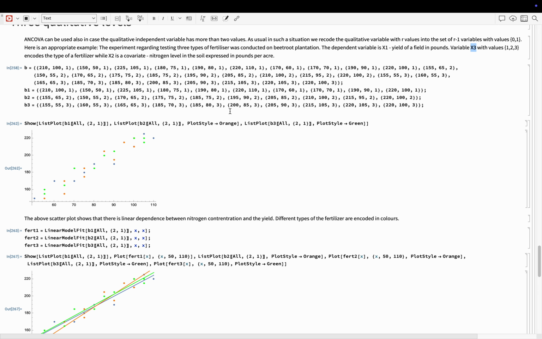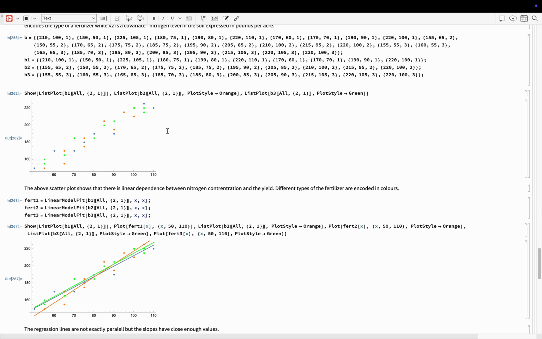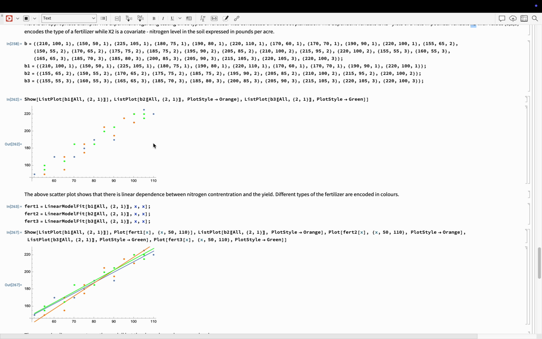We proceed as before. We look at the scatter plot. This time we see that there is clear linear dependence between yield of the field and nitrogen level in the soil. However, when we look at colors, we have here color-coded types of fertilizer.